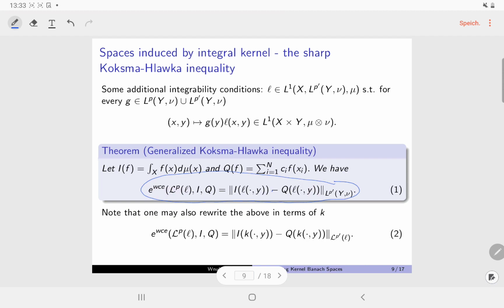It turns out this may be easily transformed to the form which we know exactly from the Koksma-Hlawka inequality. That is, we may indeed consider the representer, but now the norm is not the L^p norm, but the L^p' norm, namely the L^p' of L norm.